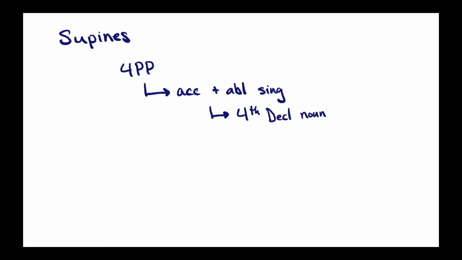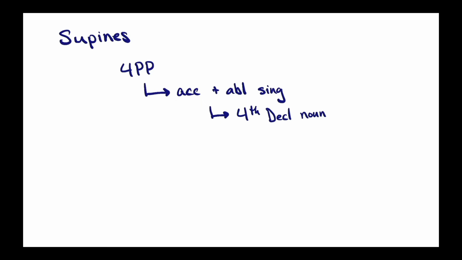Now, it might be tempting to regard this as a first or second declension adjective, but they are declined as a fourth declension noun. And not only do they take the accusative and the ablative singular, but they're used in different ways when you're dealing with the different cases here, because again, the accusative and the ablative mean very different things. Ablative typically is, again, separation or static, and accusative is motion toward, as we're just talking about.